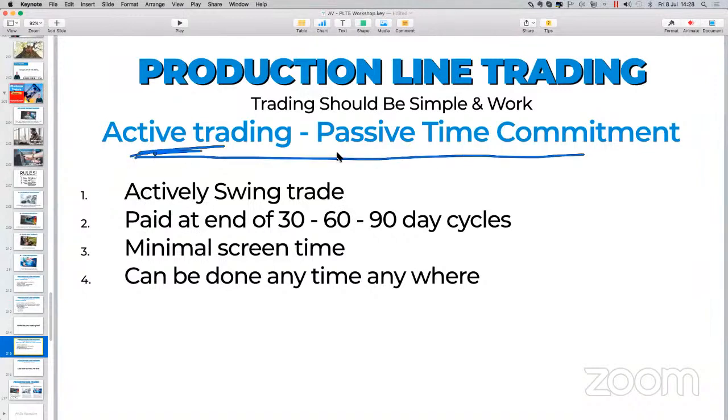I want active trading, passive time commitments. So I don't want to sit there flicking through chart after chart. And this is, again, why it's a 20-minute trading activity for me. I've designed the way that I want to approach trading to get the active swing trading. I also want to be paid every 30, 60, 90 days. Now, if you want to turn the dial and speed things up, you can be paid in 3, 6, 9 hours, or 30, 60, 90 minutes.